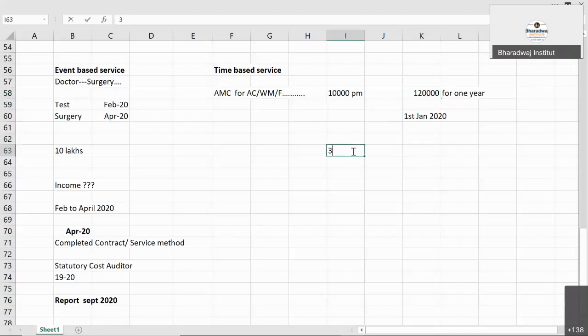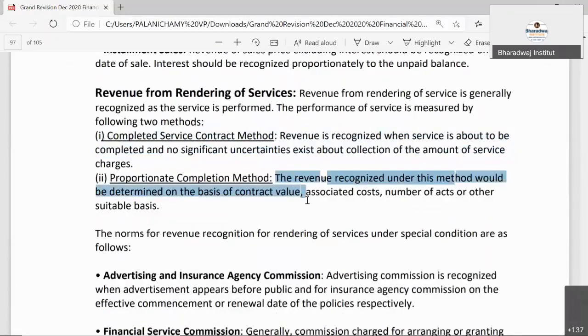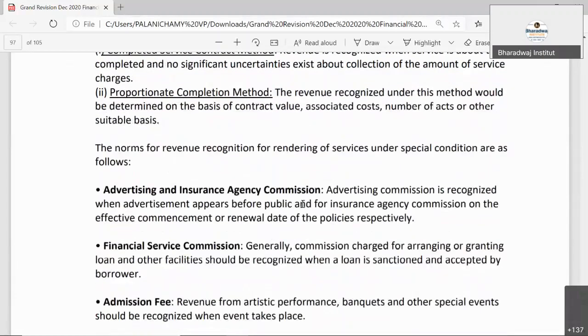Let us assume the books of accounts are closed by the service provider on 31st March 2020. Now, how much income will they recognize? 1,20,000 into 3 by 12, that is 30,000. They will recognize 30,000 as income. The remaining 90,000 they will call income received in advance. So for all time-based services, you can recognize the income on a proportionate basis.